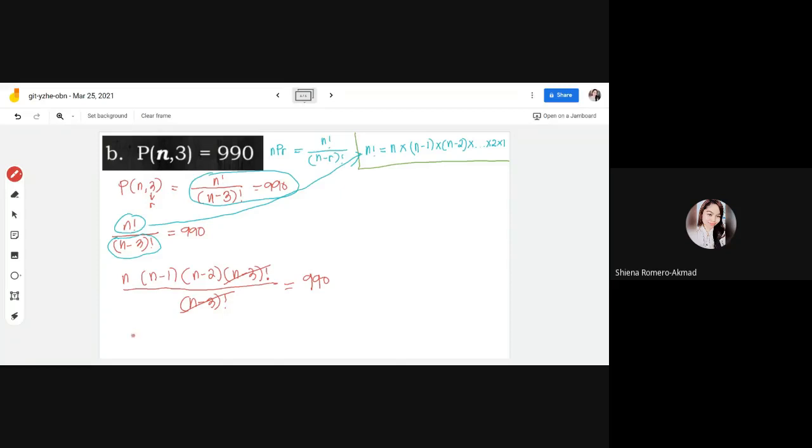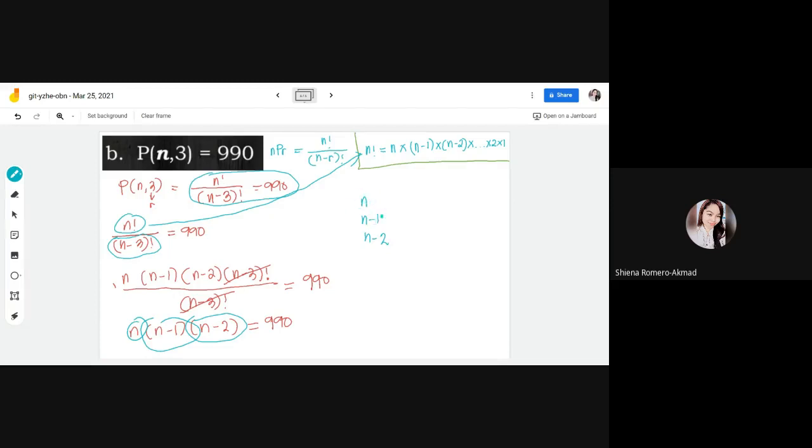So, all we have now is n times n minus 1 times n minus 2 equals 990. And what does n minus 1, n minus 2 mean? Ang ibig sabihin niyan is that we need to look at 3 consecutive numbers.